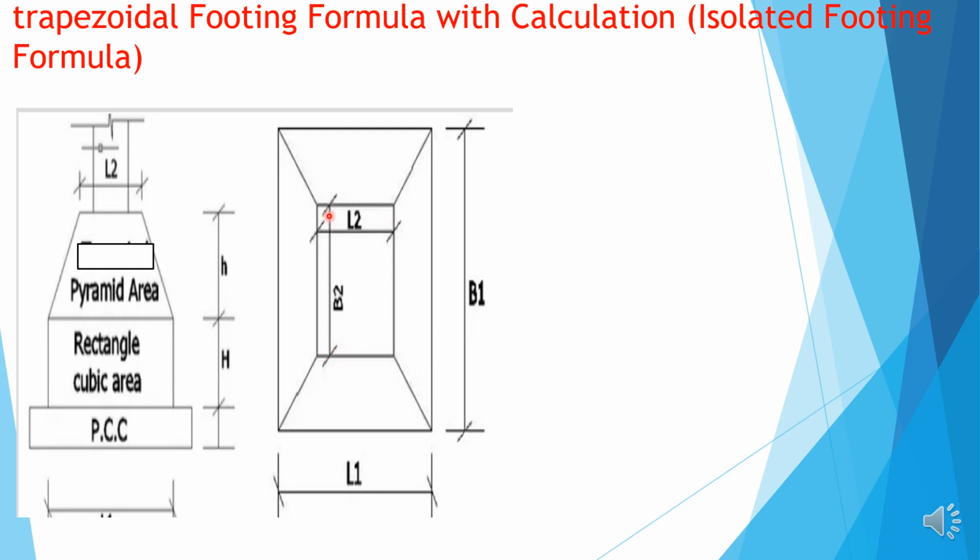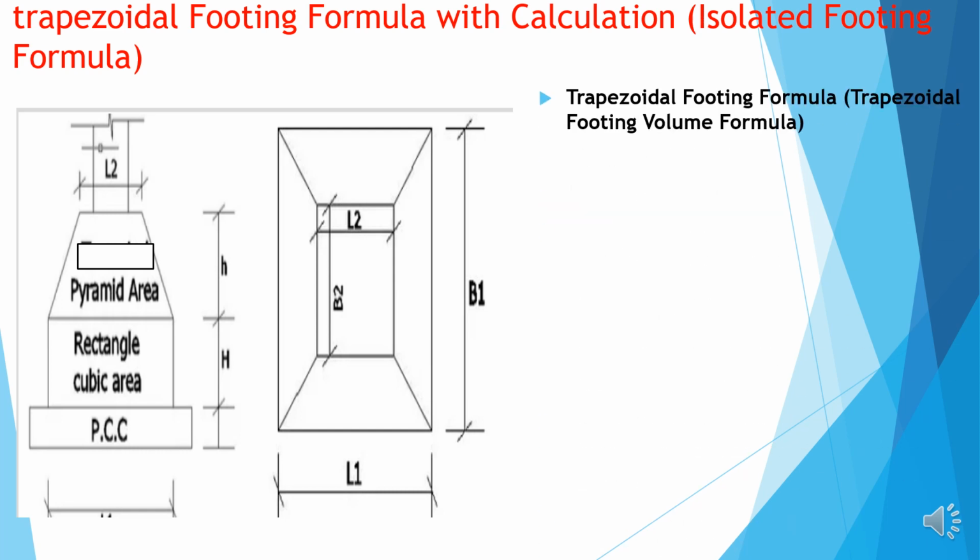L2 is the top length, B2 is the top width. If you see, this is the PCC area, this is the rectangle portion, this is the pyramid area. The pyramid's top surface is known as L2, this is known as L1. This is the height of the rectangular portion, this is the height of the pyramid portion.